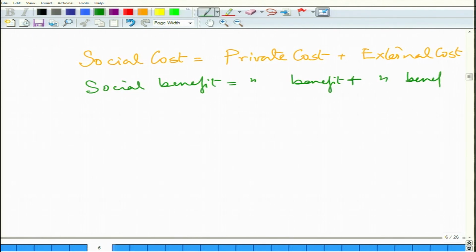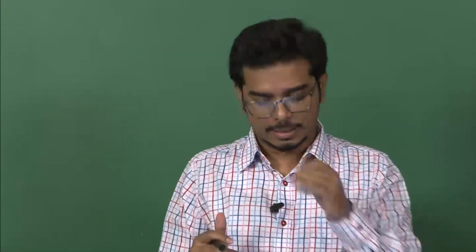And the challenge to estimate this external benefit and external cost is the information asymmetry, because often people don't know whether a particular industry is polluting my environment or not, or even if they are polluting my environment, how badly it is affecting me. So attaching a cost to this is very, very difficult because of this unawareness.